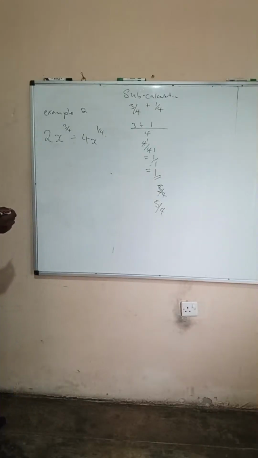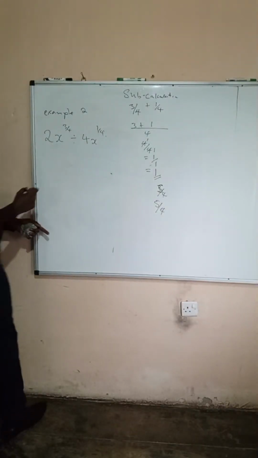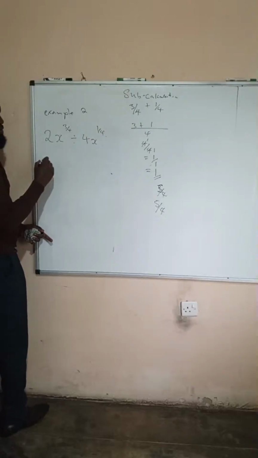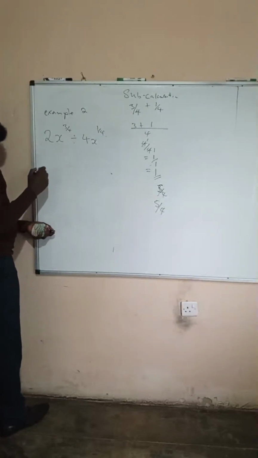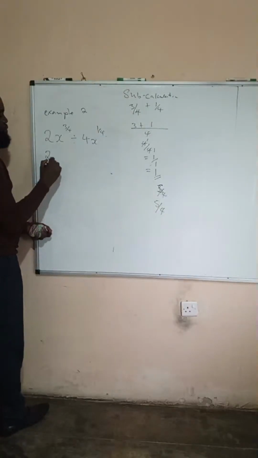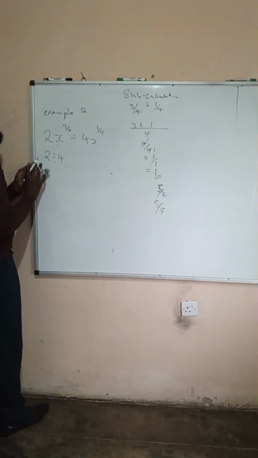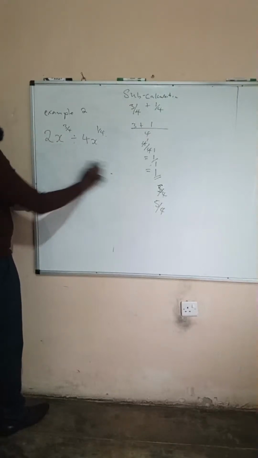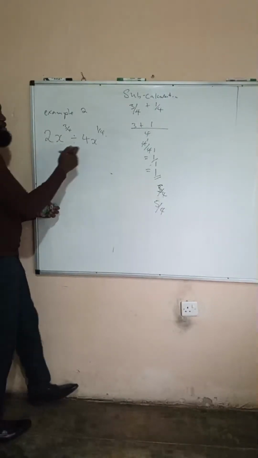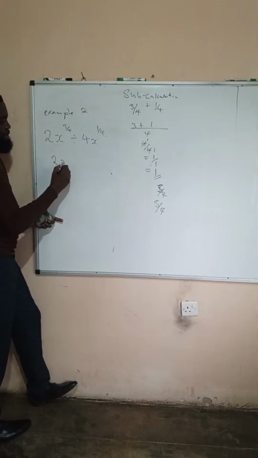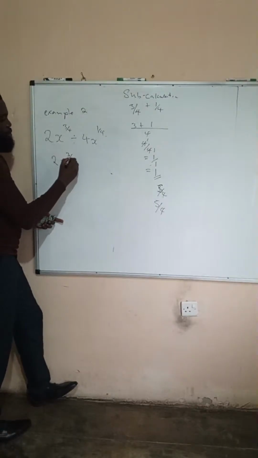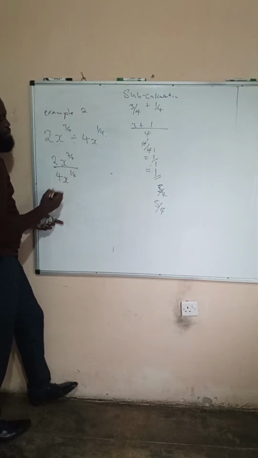Okay, so what do you do? You put the numbers. So for example, what I mean is, this is 2 divided by 4. Let me put it in a way that you can understand. Division. So it will be 2x to the power 3 over 4 divided by 4x to the power 1 over 4.